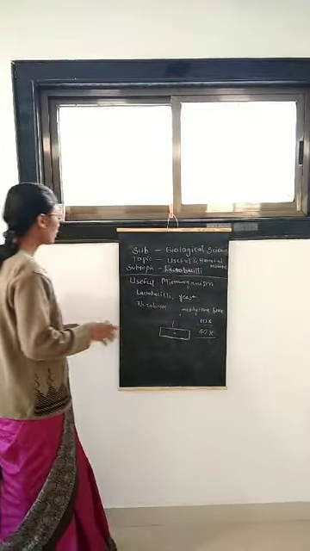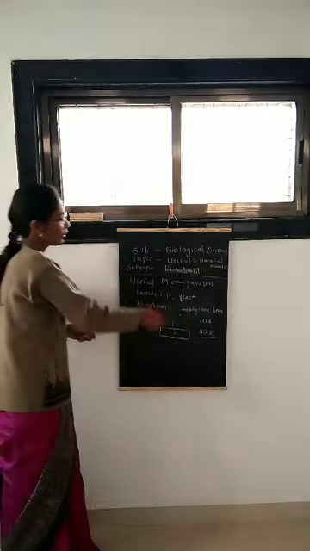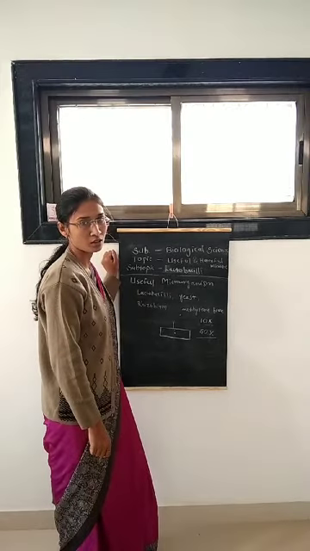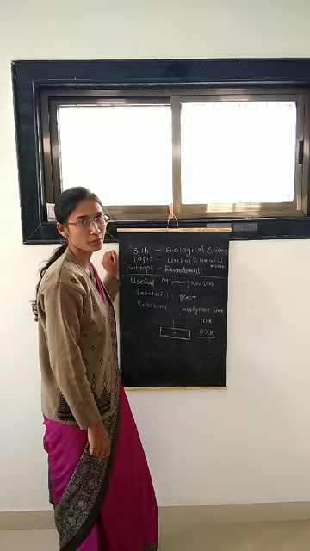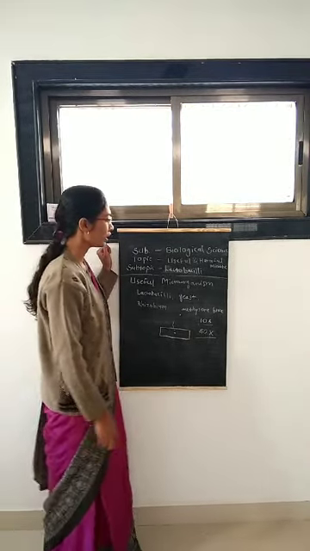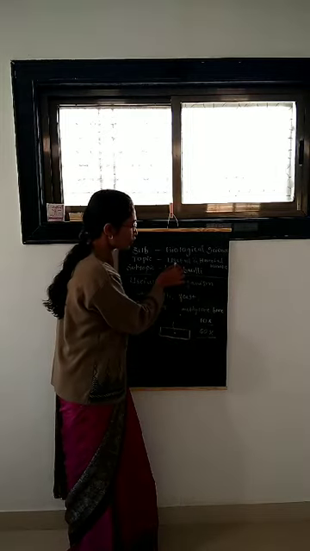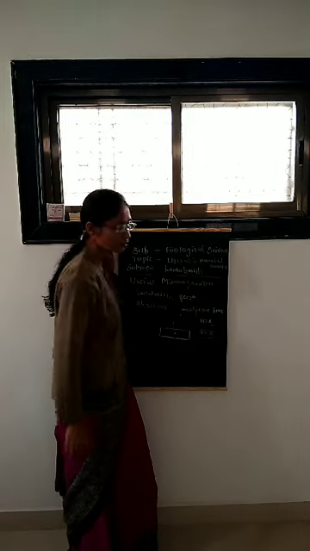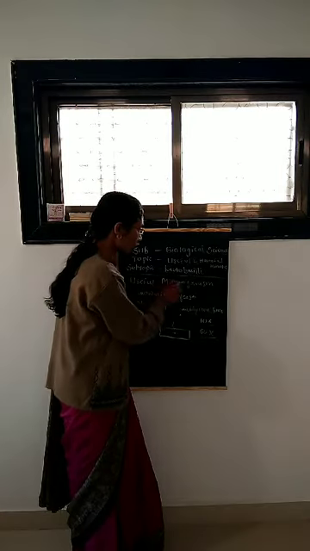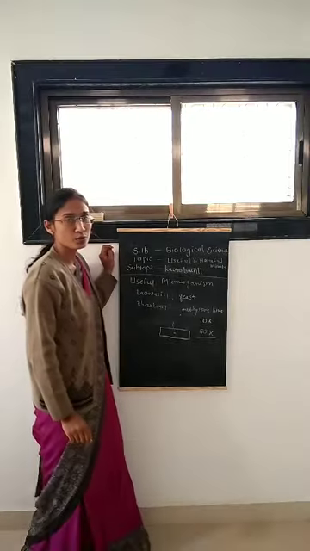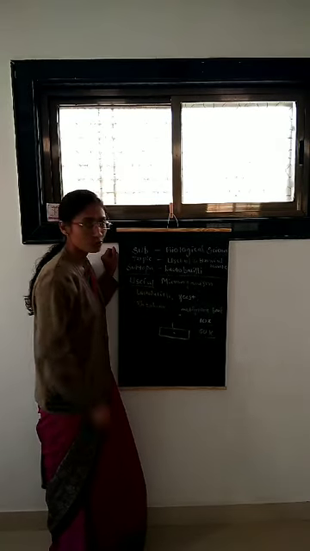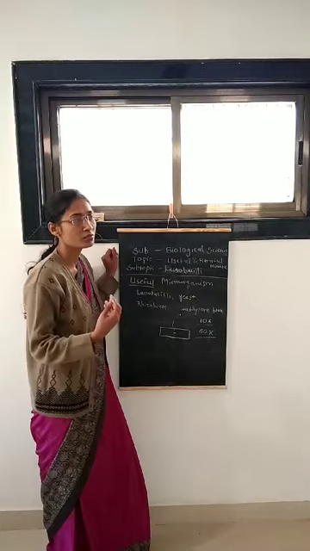So what we have seen in today's period is that there are different types of microorganisms which are surrounding us. Mainly there are two types of microorganisms: useful microorganisms and harmful microorganisms. Firstly, we have to focus on useful microorganisms. As the name suggests, they are useful for human beings.